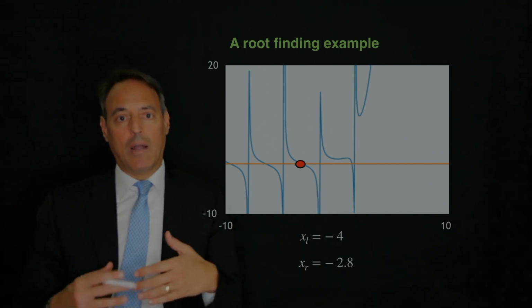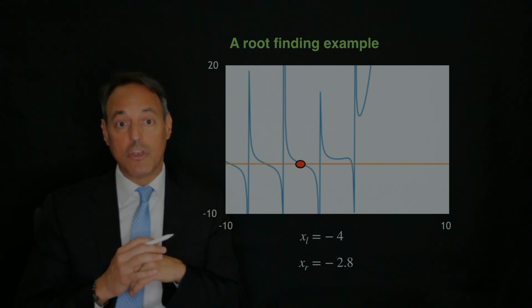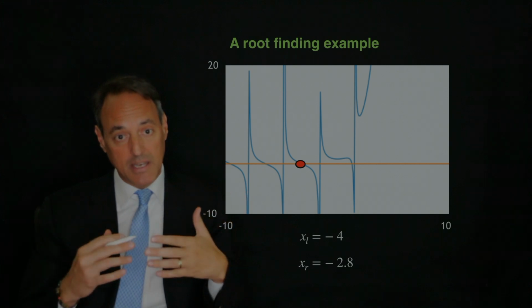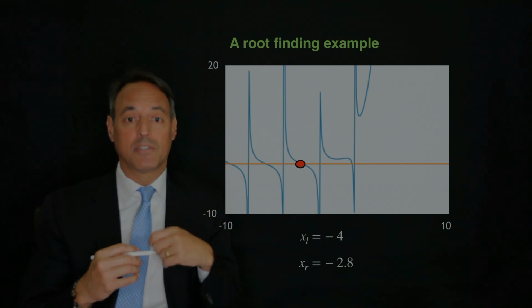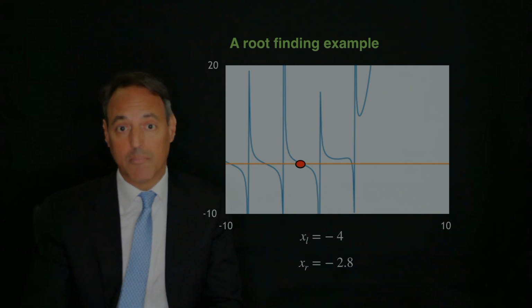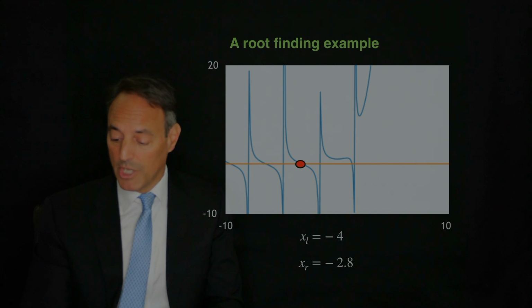Okay? So I want to bisect this in order to squeeze in on it, knowing that my left point is positive and my right point is negative, and then I'm going to cut it in half, determine if I'm positive or negative, cut it in half, and keep going through that process that we just drew in the bisection to converge to this solution. So let's talk about some code that would do this.